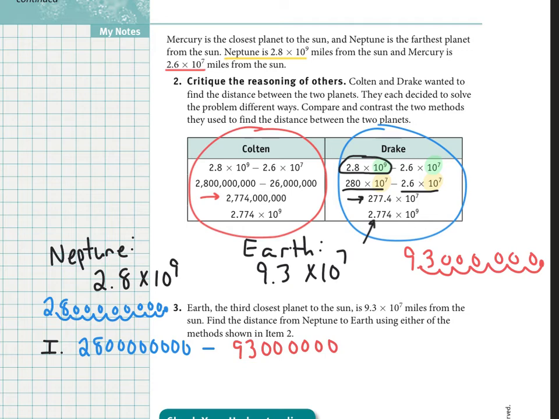I'm going to subtract these on a calculator because there's a lot of zeros there. 28 with 8 zeros, minus 93 with 6 zeros. That gives me an answer of 2707 and 6 zeros.